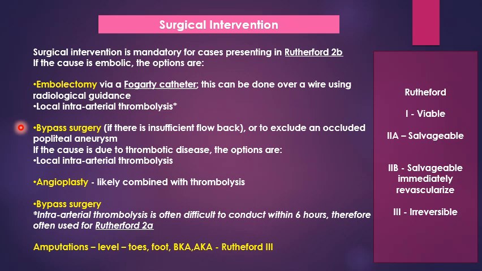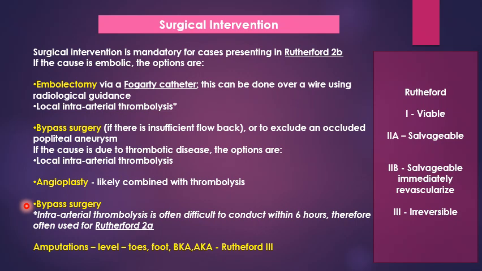Okay, so this is where, say the popliteal aneurysm is occluded, then you have to do a bypass. If the cause is due to thrombotic disease, the options are local intra-arterial thrombolysis. Let's say thrombolytic agents are infused into the artery where the block is. Next will be angioplasty, which can be combined with thrombolysis.